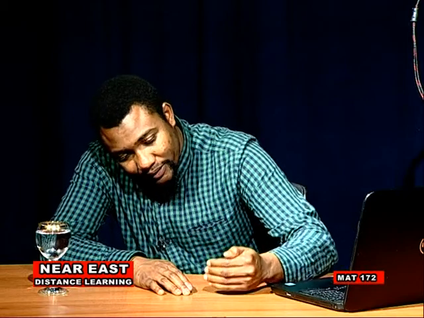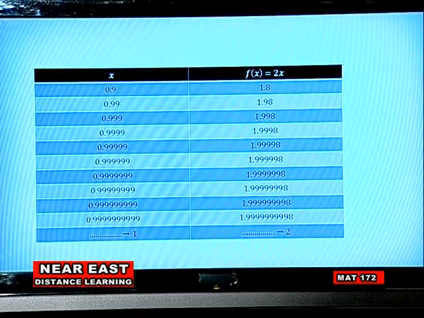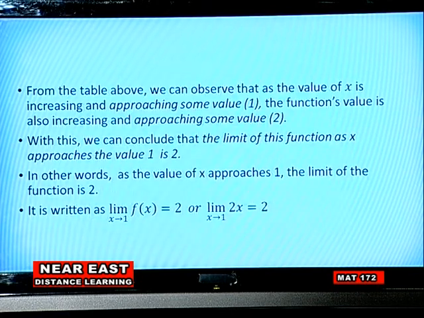As the value of x is increasing, approaching 1, this function is also moving up to 2. So it is approaching 2. It is not necessarily equal to 2, but it is approaching 2. That is why we call it the limit. So as x is approaching 1, f of x will approach 2. So this is an example of limit.